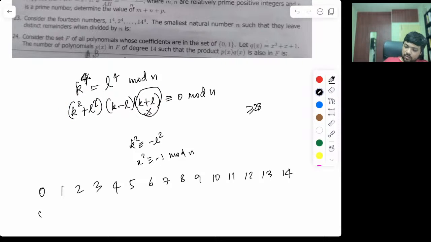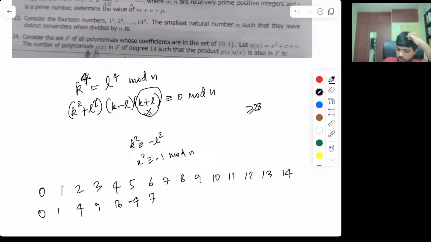So 0, 1, 4, 9, 16, 25 is minus 4, 36, 6 square is 36. 36 is how much mod 29? 36 minus 29, right?